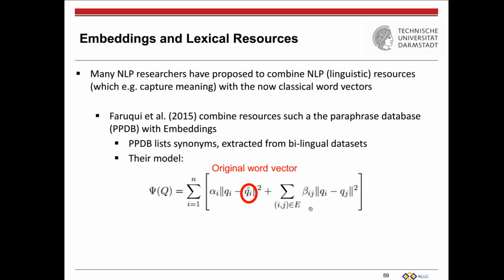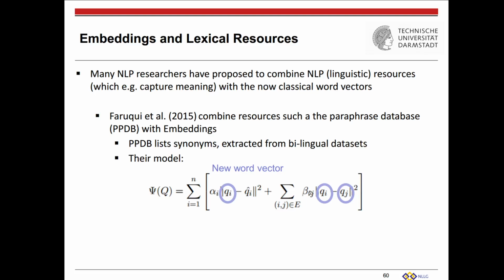And here we have some factors beta_ij and alpha_i. I think in the paper they set them all to 1. So this is just for illustration that you can also weight the factors differently and put different importance on different factors. So that's the idea. Actually, that idea hasn't survived for a long time, and people are not really using that.